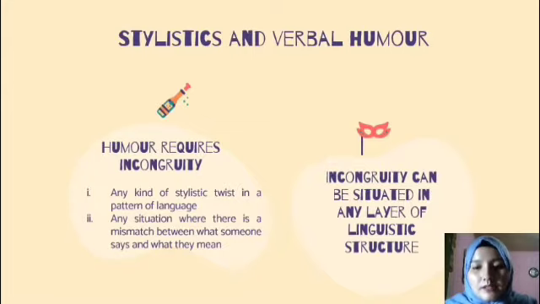The second one is that incongruity can be situated in any layer of linguistic structure, which means that the humor mechanism can operate at any level of language and discourse, and it can even play one level up against another. So, based on the two theoretical principles, the stylistic analysis of humor involves locating the incongruity and indicating whereabouts in the language system it occurs.